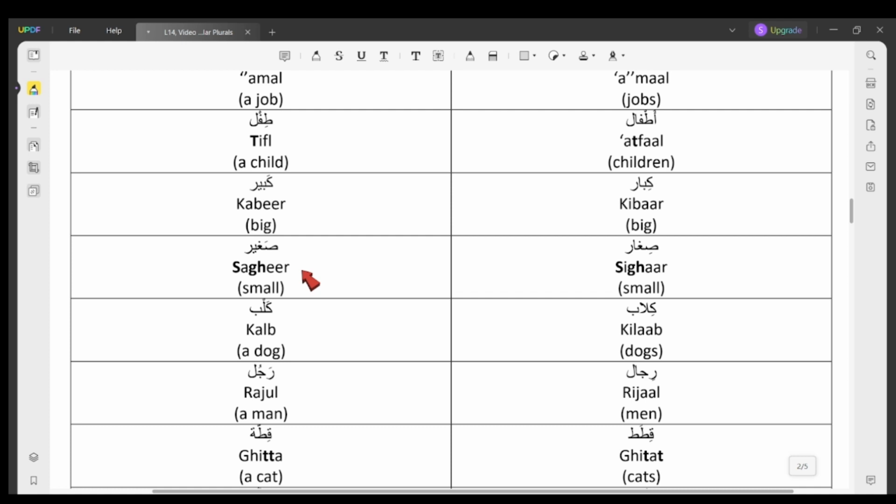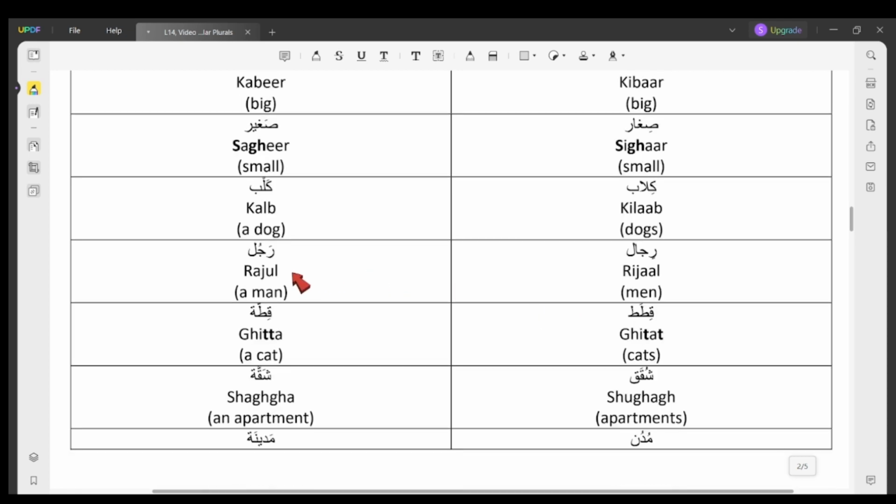صغير, meaning small. And the plural, صغار. صغار. Next, كلب, a dog, and plural, كلاب, dogs. Next, رجل, a man, and plural, رجال, men. Next, قطة, a cat, plural, قطط, cats.